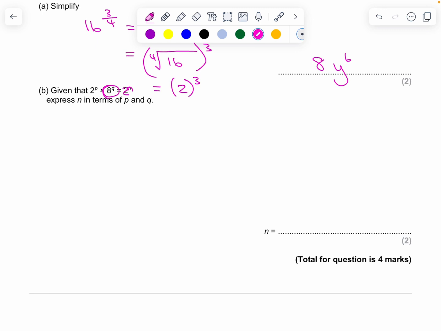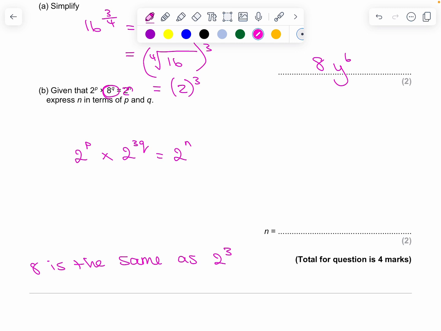So 2 to the power of p is already 2 to the power of something, times, now what could you rewrite 8 as 2 to the power of something? Well, 8 is the same as 2 to the power of 3. So we've got 2 to the power of 3, and you've got your q there. So 2 to the power of 3q equals 2 to the power of n.